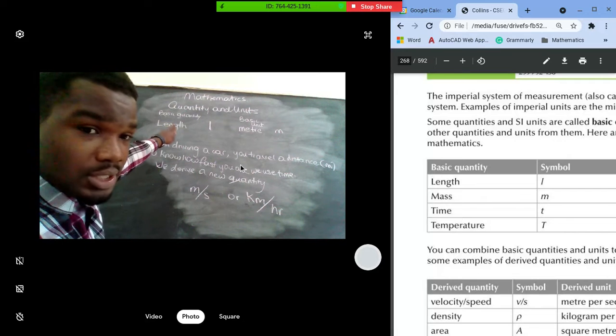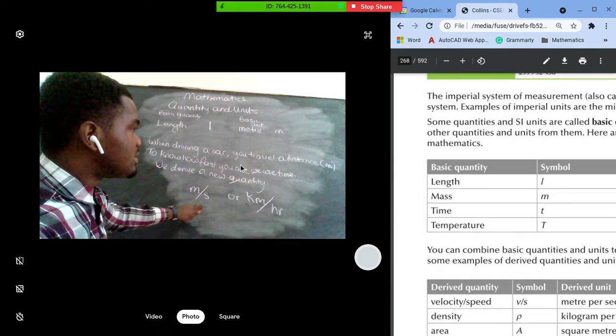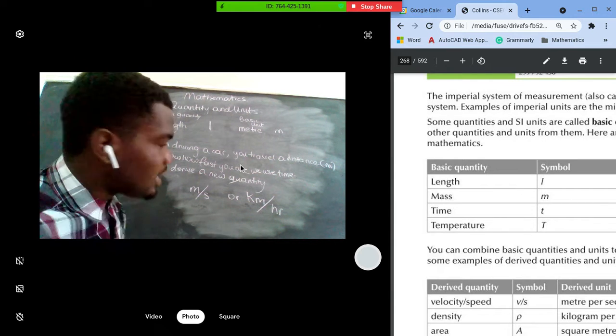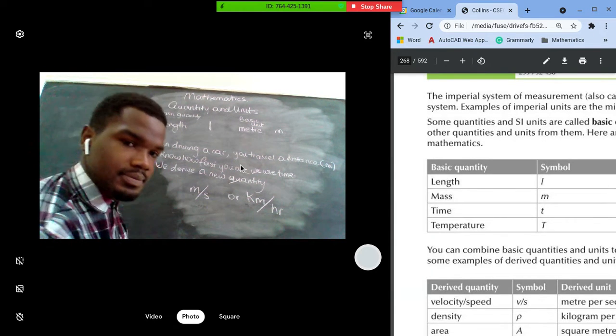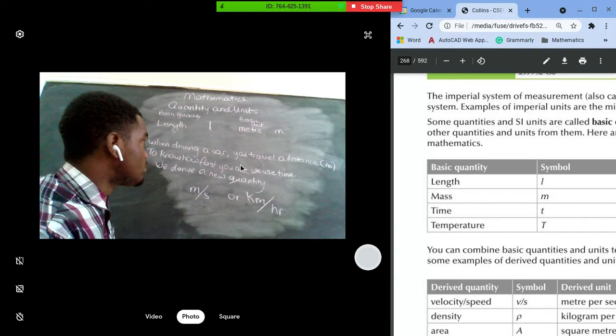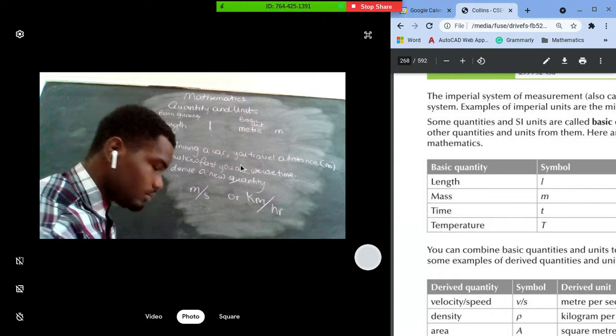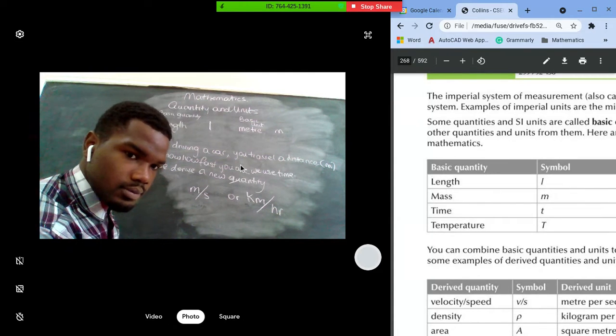Length is a basic quantity because other quantities such as speed can derive from it. And I'm going to write that for you. Everybody take this off? No, sir, I'm not done.